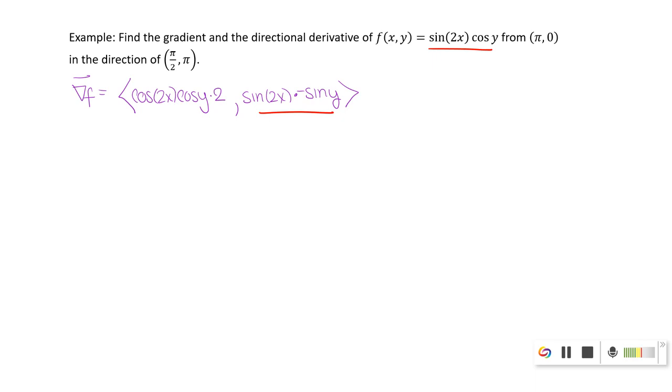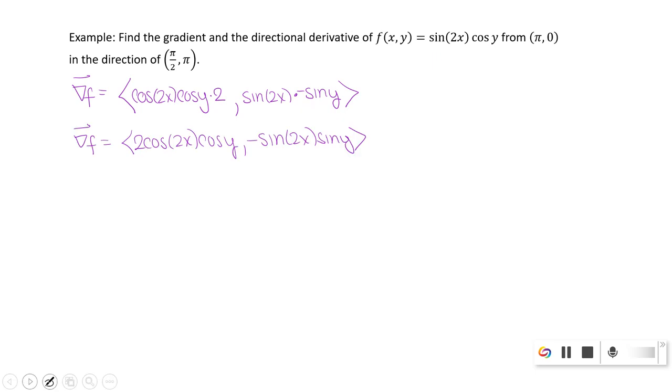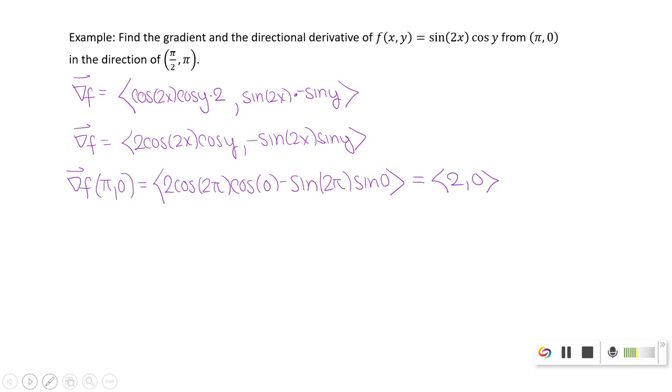So there's my gradient vector. I'll just simplify that by putting the 2 in front of the cosine 2x cosine y, and then I just put the negative in front of the y component. Just looks a little bit nicer that way.